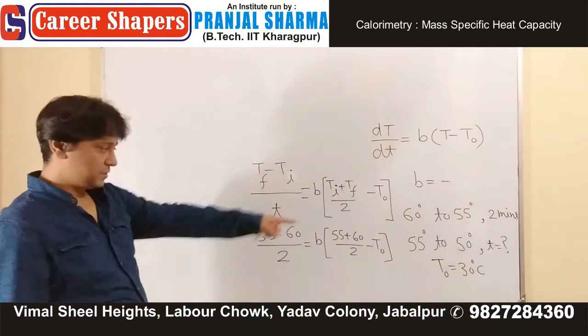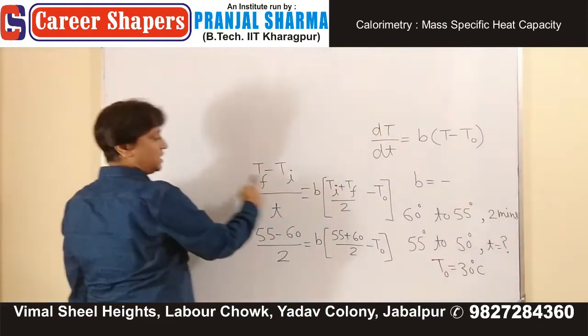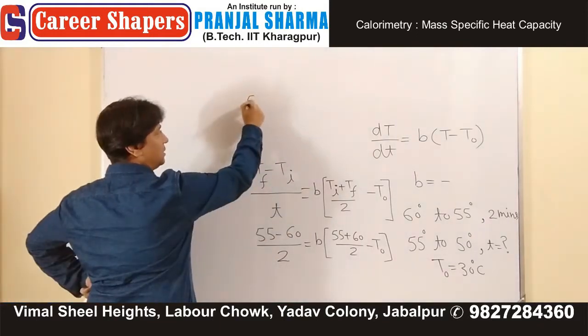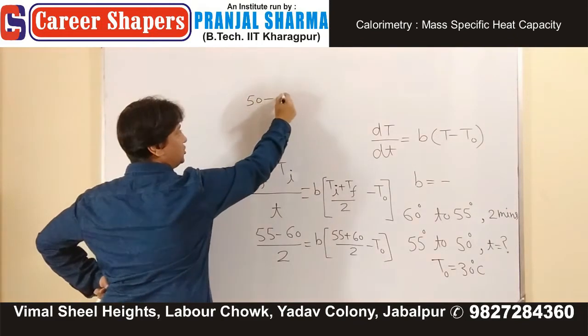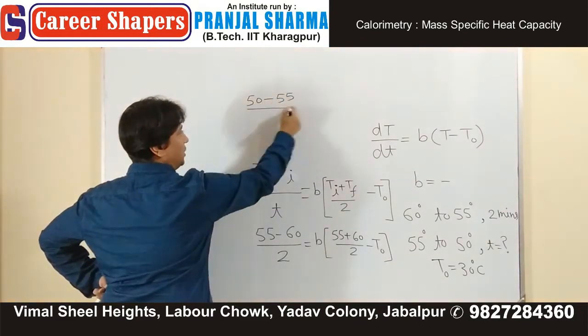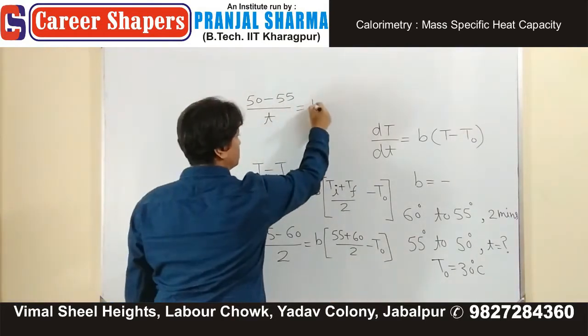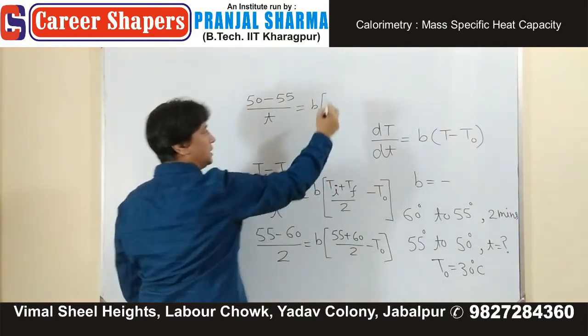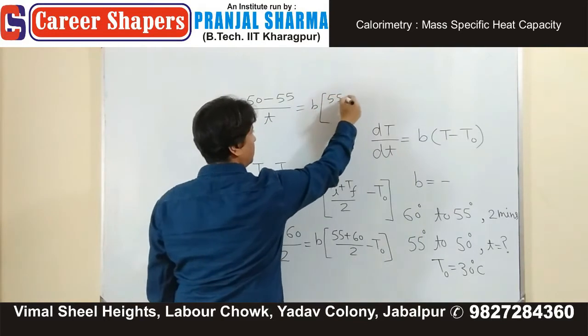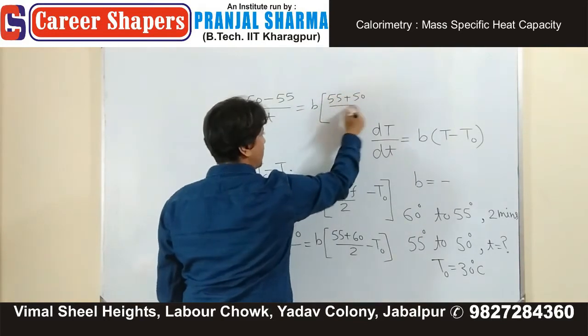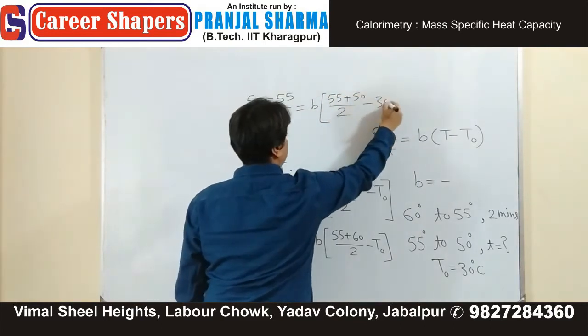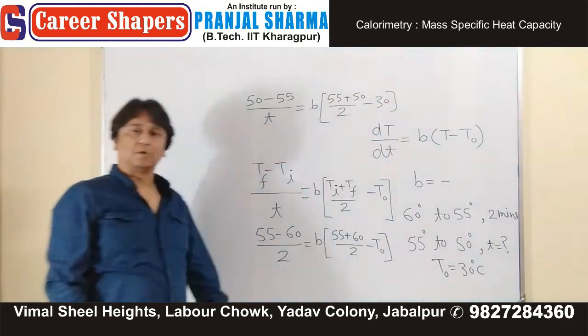And then for the second part, T final is 50, T initial is 55. We need to find time. Constant B times T initial plus T final divided by 2 minus temperature of the surrounding.